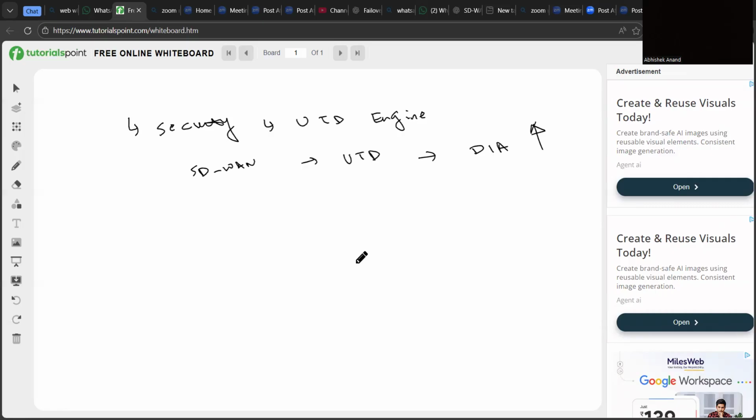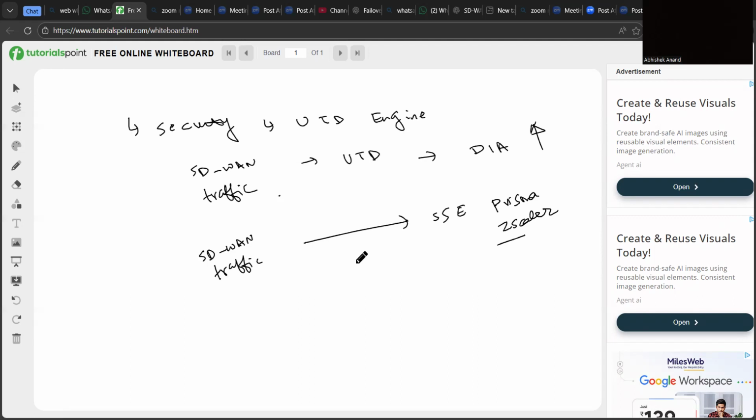If your SD-WAN traffic is routed to DIA, it is forwarded to the UTD engine. If your SD-WAN traffic is routed to the SSE, means Prisma or Zscaler, then UTD will not come into the picture.